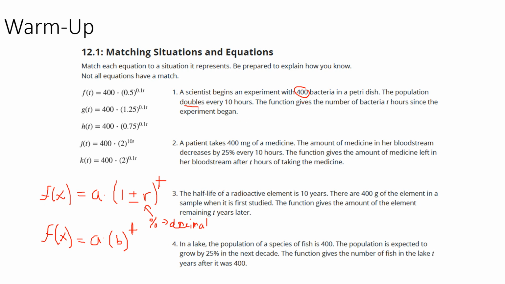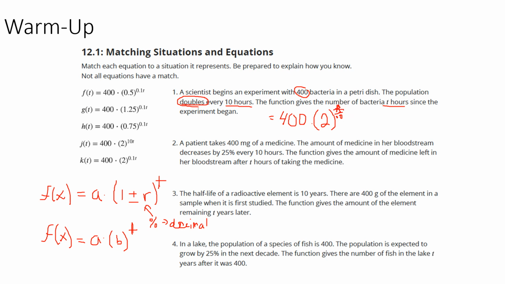They did not give us a percent, but they did tell us a rate. A doubling rate means we're multiplying by 2. Here it says every 10 hours, but because they want it in terms of t hours, that's basically t over 10.